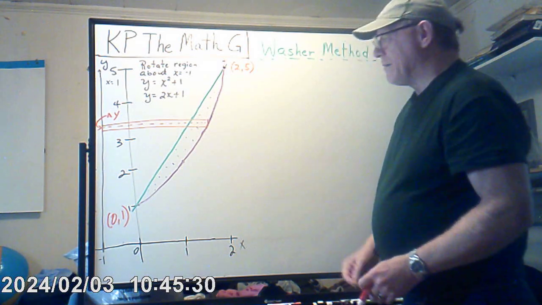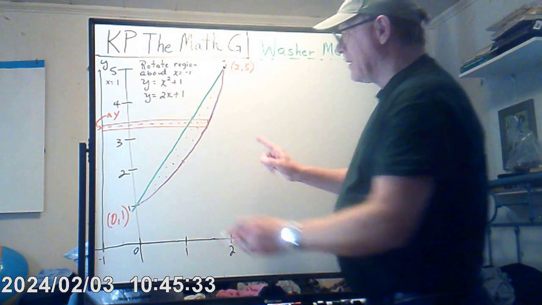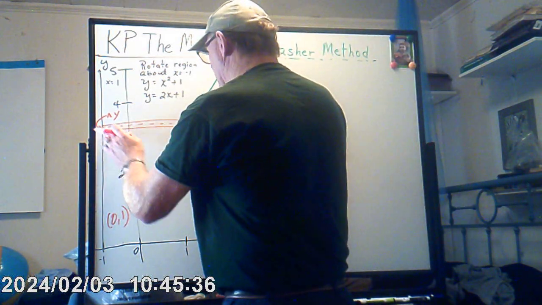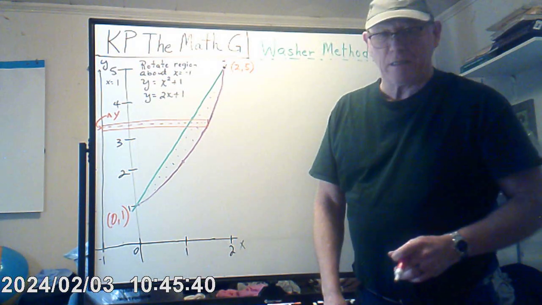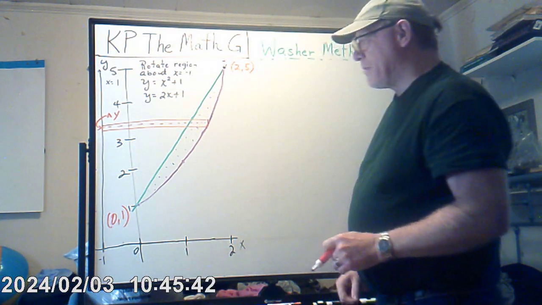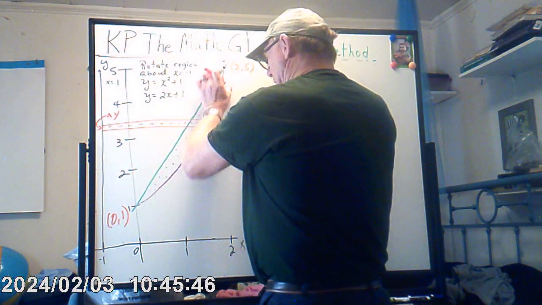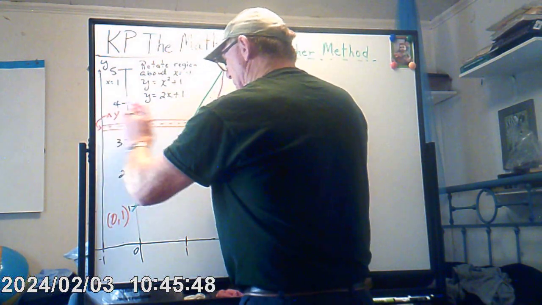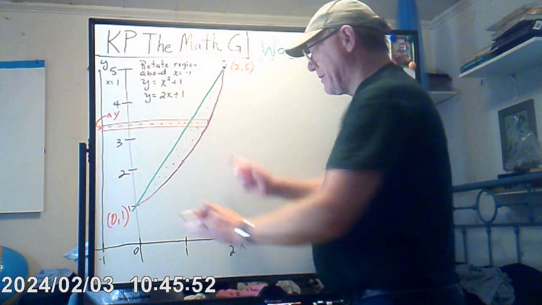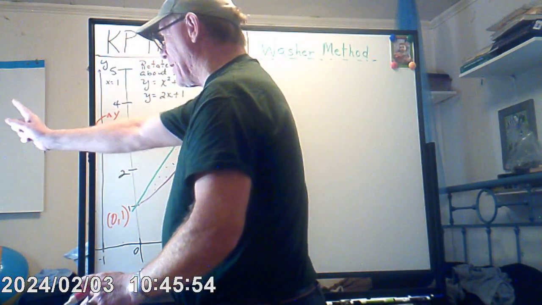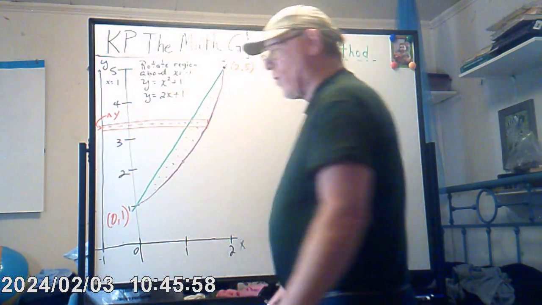Alright, now let's determine how long. We've got to remember this is a washer method, because this area here is solid and the rest of this is not. That's a hole right there. If you can imagine that being revolved back behind the board somewhere, you're going to leave a hole.